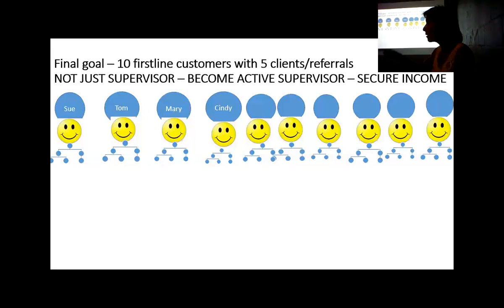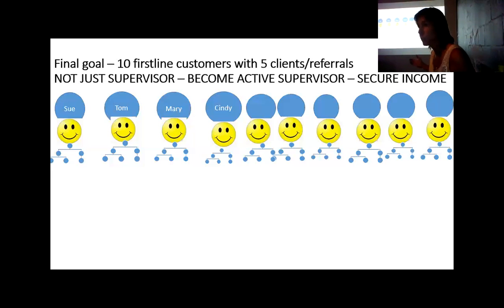When you go there the next time and you measure and weigh the people, there are all of a sudden not just 1 but 5. Now that person, Sue, might become interested sooner or later to become an ambassador, to become a member, or not, it doesn't matter. The idea is that you build up 10 of these clusters, which gives you at the end of the day 50 customers.